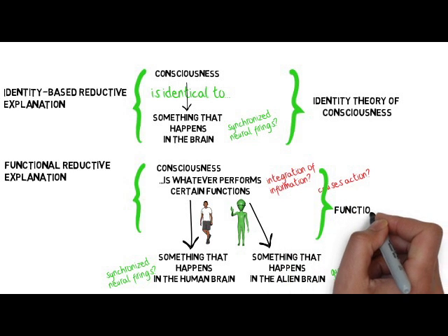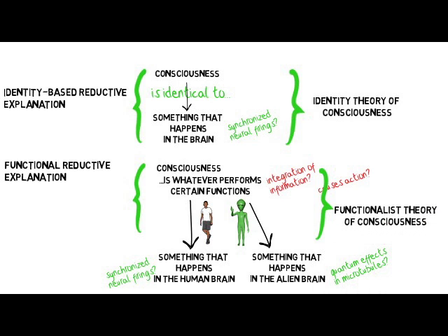So you can see that taking a functionalist approach to consciousness has a certain flexibility that the identity-based approach does not. An identity theory of consciousness commits us to saying that consciousness is always explained by the same thing, no matter where in the universe we find it. By contrast, the functionalist approach allows us to say that maybe consciousness has a different explanation in different beings.